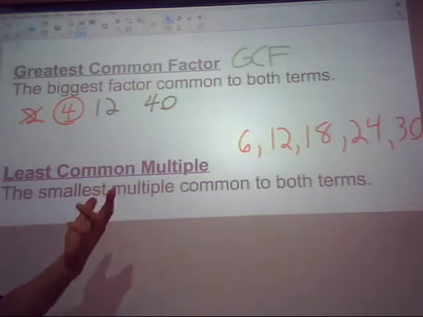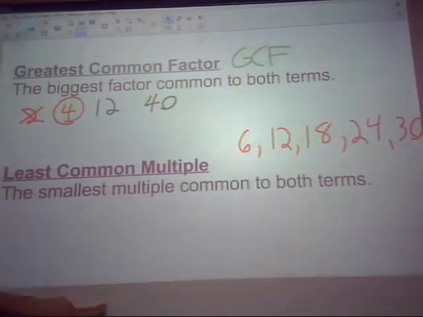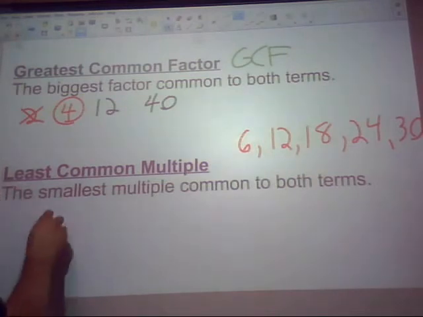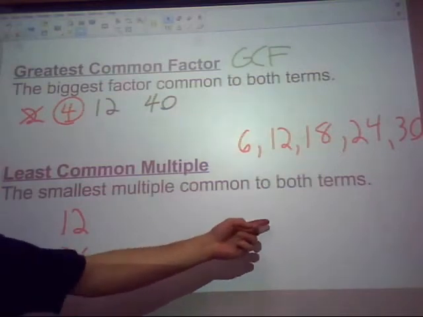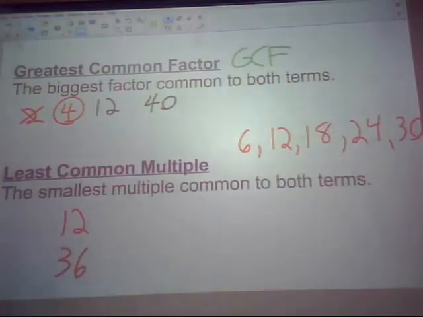So if I give you two terms, like let's say the two terms are 12 and 36, and say find the smallest common multiple of them, you could start writing out the multiples of each one and see what the smallest common multiple is.